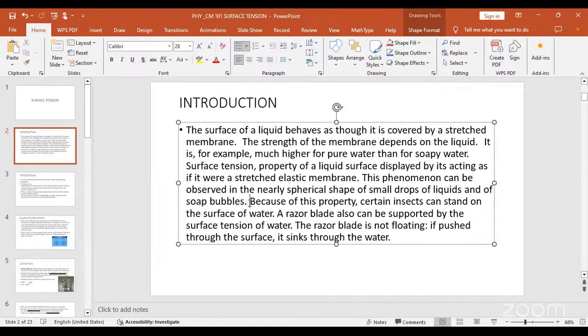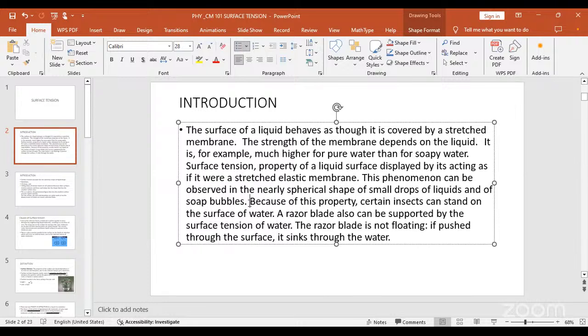So sometimes you can have a pin be on water, no part sinks, as against the principle of Archimedes. So what is supporting that pin, or what makes an insect easily stand on the surface of the water and not go in?